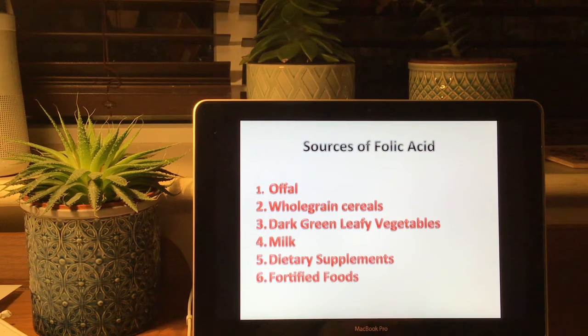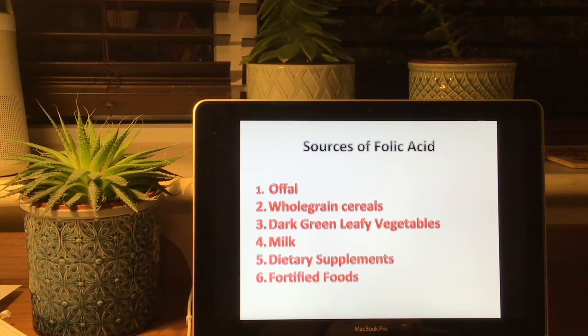We also have pulses, like dried beans, and some other surprising sources would be oranges and avocados. And often folic acid is manufactured in the gut. In fact, I should have written that in, so you can write that in as a note. It's manufactured in the gut. So for children who drink a lot of milk, I don't think it's such a big issue as it is for women who are getting pregnant.